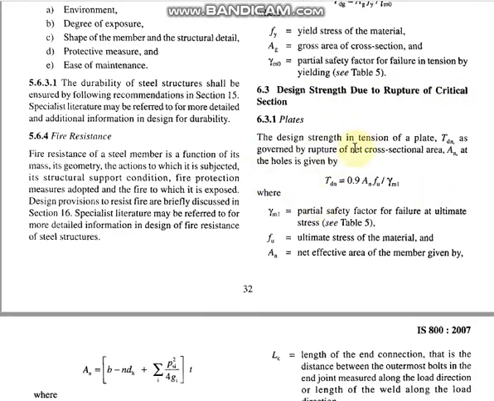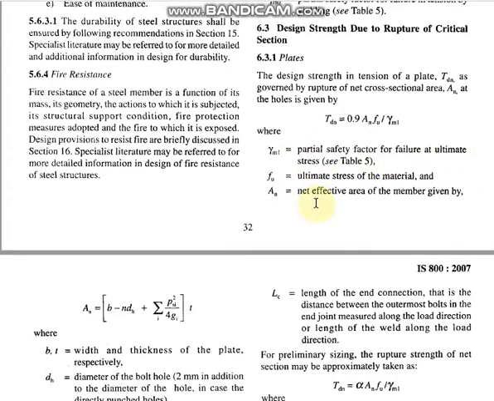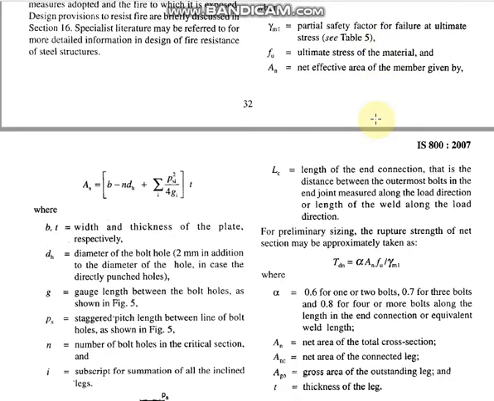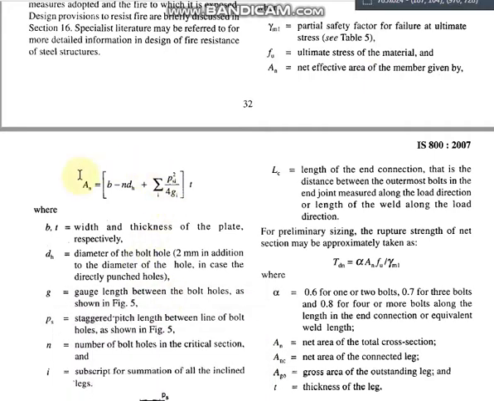For plates, this rupture strength can be calculated as Tdn equal to 0.9 into An into Fu by gamma m1, where gamma m1 is partial safety factor for failure at ultimate stress. It is also given in Table 5. Fu is ultimate stress of the material. An is net effective area of the member. This net effective area of the member can be calculated using this formula.